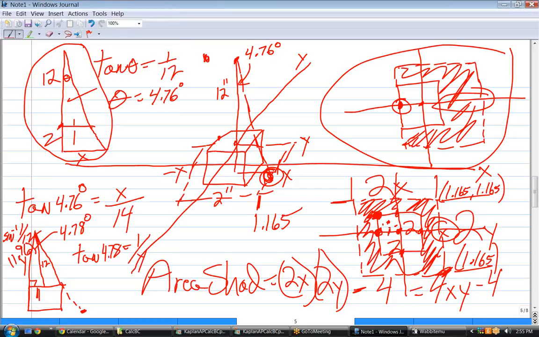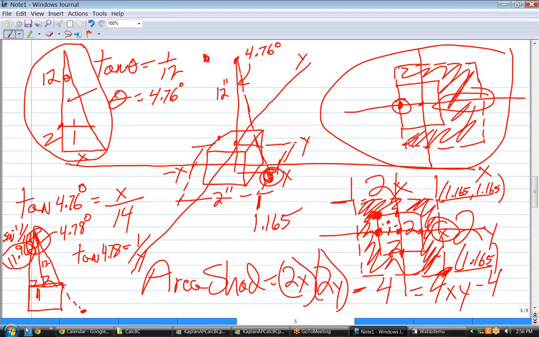We would expect it to be a little bit less than 12, right? I mean, 12 is the hypotenuse of that triangle, so that side has to be smaller than 12. Okay. Now I know this side. I know this side is 2, so I can figure out that whole angle.